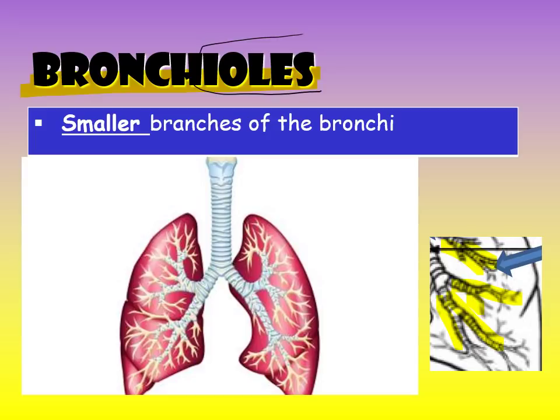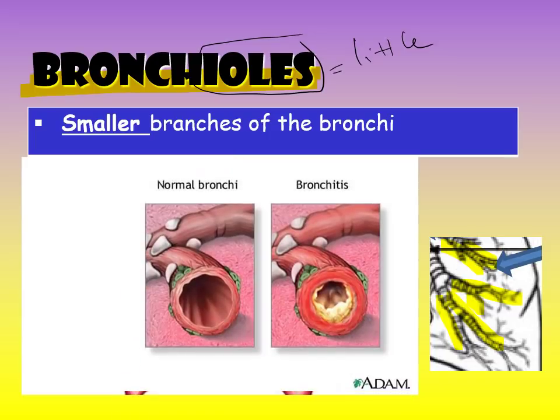This part of the word right here just means little. So it's like little bronchi. And there's hundreds of those in each side of the lung. If you've ever had bronchitis, that's basically what you've had. You've had mucus stuck inside your bronchial tubes, which makes it hard to breathe and hard to talk sometimes.